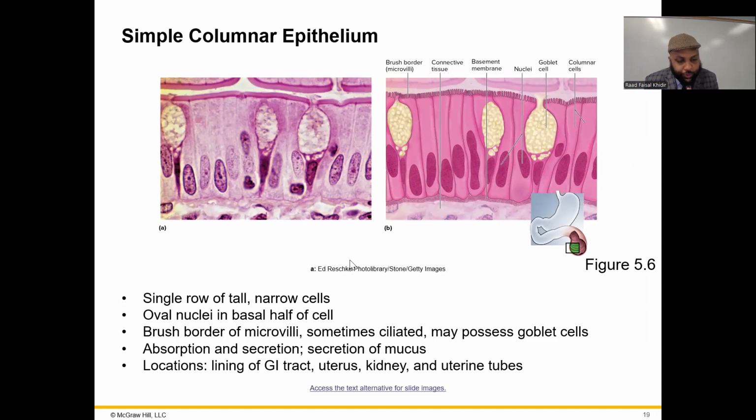They have an oval nuclei in the basal half of the cell and a brush border of microvilli, sometimes ciliated, and may possess goblet cells. There's absorption and secretion. They are important for the secretion of mucus. The locations of the simple columnar epithelium are the lining of the GI tract, the uterus, the kidney, and the uterine tubes.